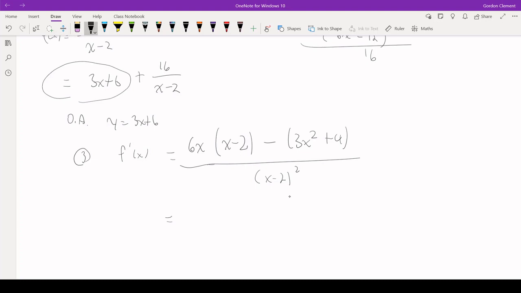There we go. Nothing to common factor on top, but we can expand that right away. Something like that.